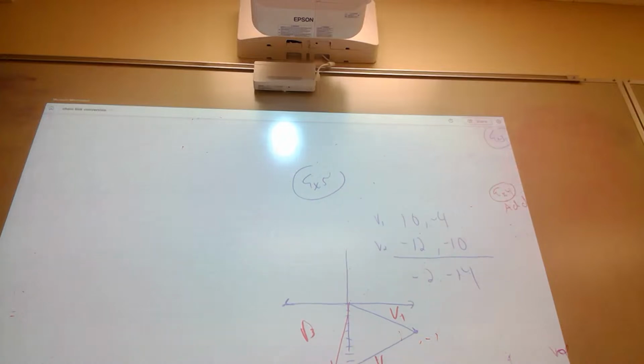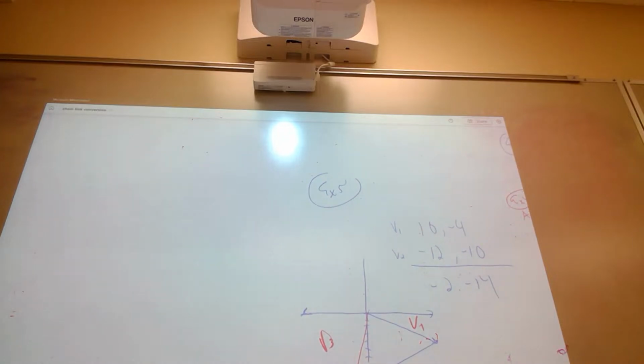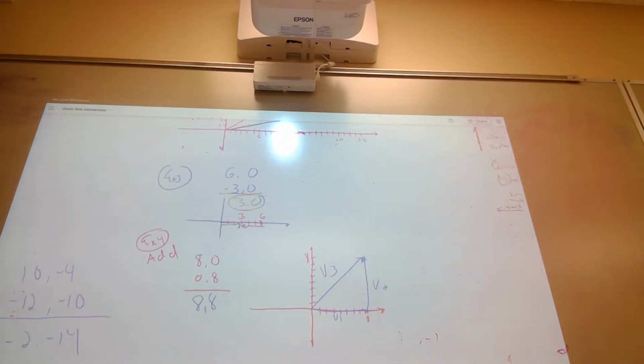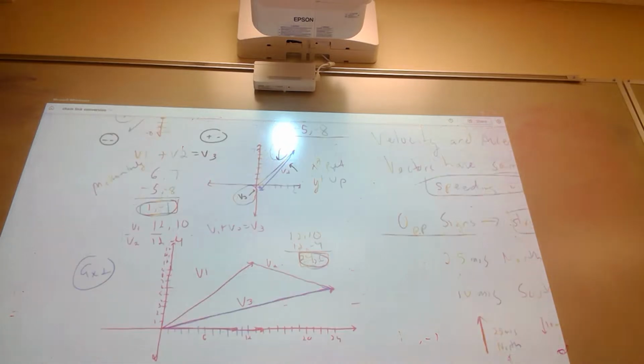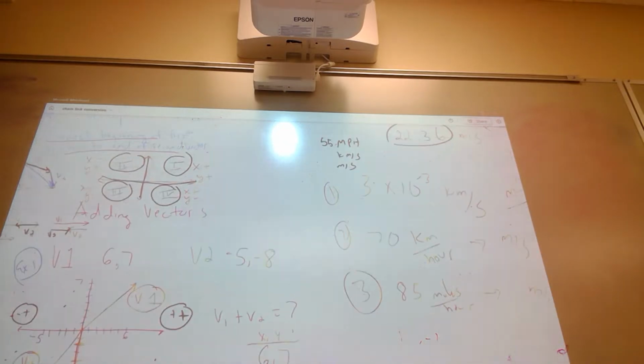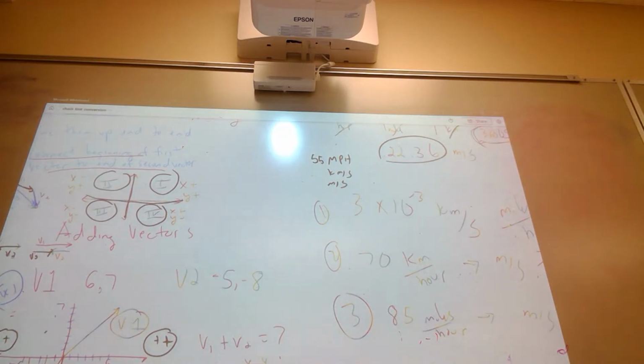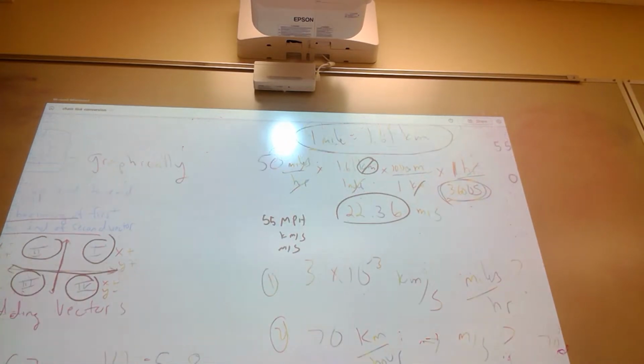Then you had 3 conversions. The first one was 3 times 10 to the minus 3 kilometers per second into miles per hour. So this time we're changing both distance and time. Naya, did you get it? I got 9.31 miles per hour.